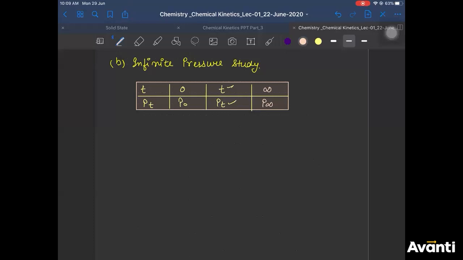See carefully how you will approach it. What you generally do in this case is the following. Let us say your reaction is like this, giving B gas. Let us say this is your equation. Your initial pressure is P naught, 0.